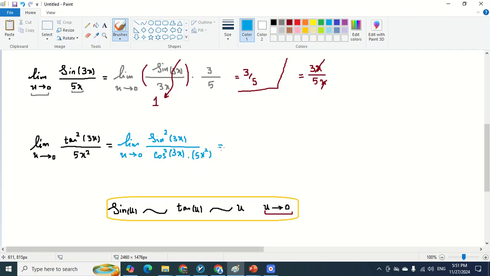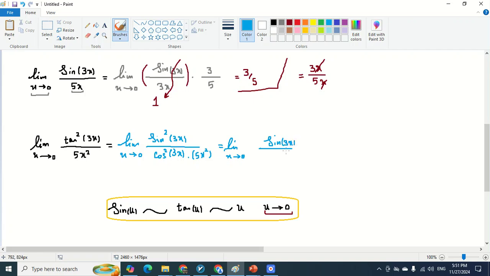So right now I can again split them. What do I mean by the splitting? It means that I can rewrite it as follows: limit of x tending to 0, and for that case I can rewrite that one as sine of 3x. To make that term, I need the 3x at the bottom as well.